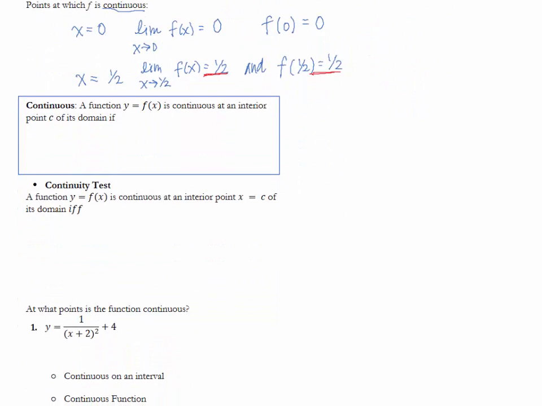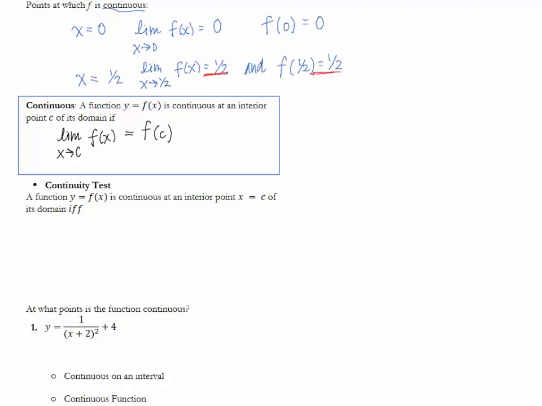That gives us the following definition in terms of limits. A function is continuous at an interior point c of its domain if the limit as x approaches c of f of x equals the value of the function at c.